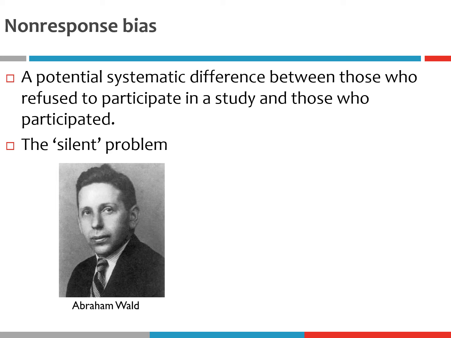This gentleman, Abraham Wald, had a very specific strategy for working to improve the survivability of aircraft. His strategy was, as planes returned from their missions, he carefully recorded which parts of the plane had bullet holes and which parts of the plane didn't have bullet holes.